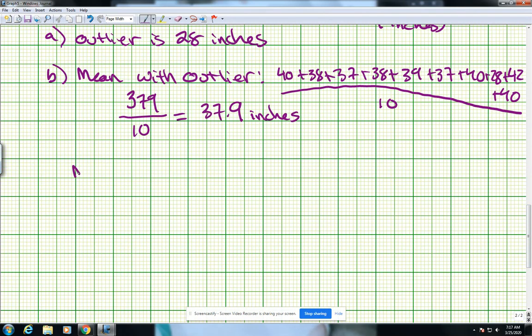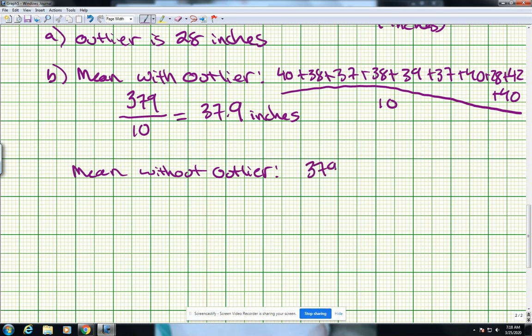Now we're going to find the mean without the outlier. We're basically going to do the same thing, but we're not going to put in that 28 this time. So technically, we could be smart about this. If we know that all of the numbers added together are 379, we know that all of them added together take away the 28 is going to give us our new top number.